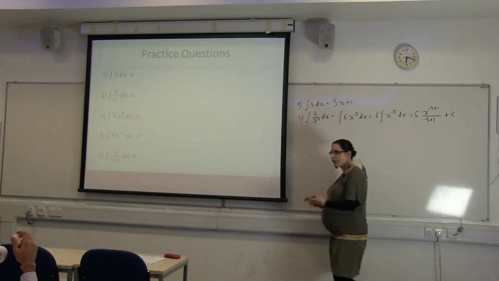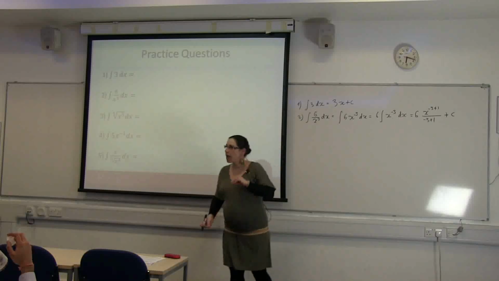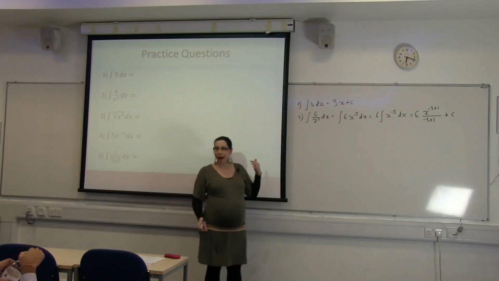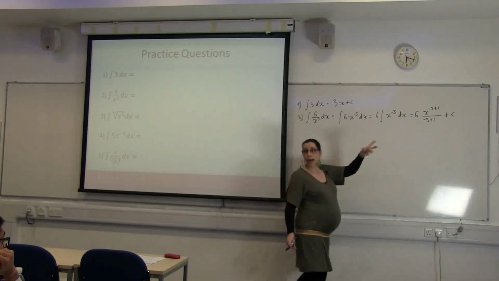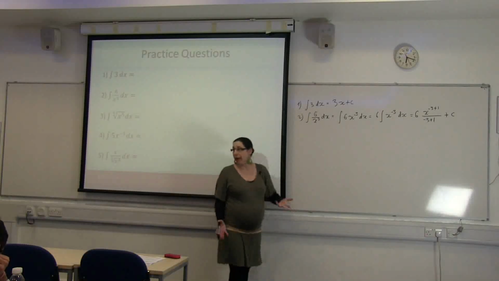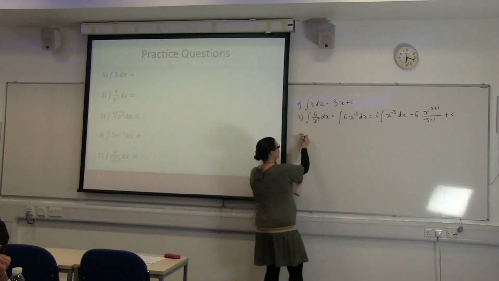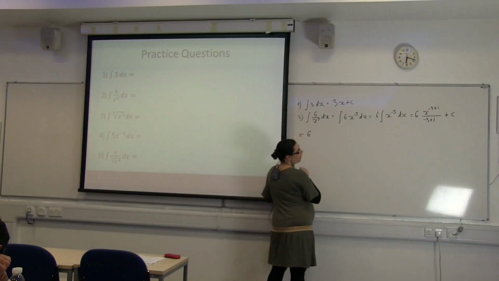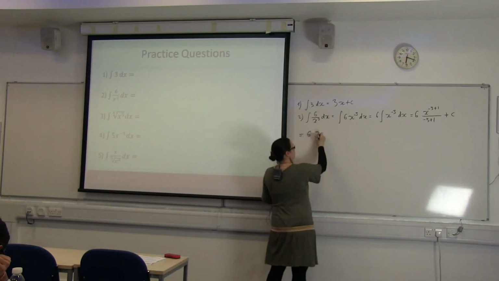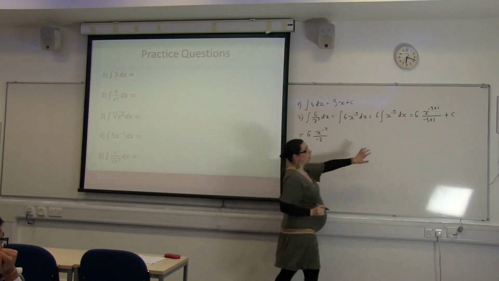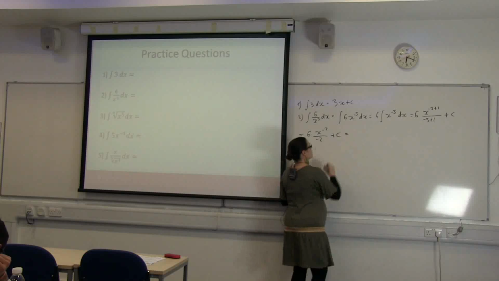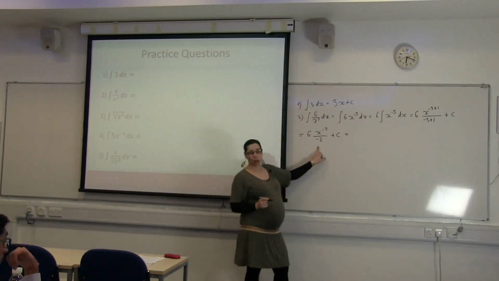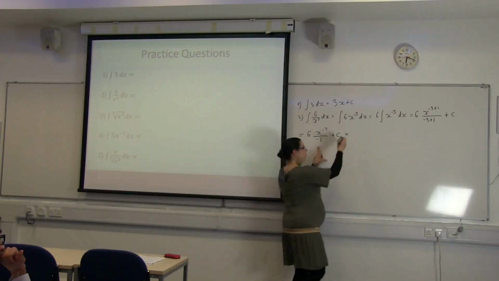So until you become familiar with all these calculations and can do them in one go, I suggest you write the rules out with the numbers and then deal with the algebra, and in that way it's a safer way. So that will be 6 times x to the minus 3 plus 1, which gives you minus 2 as the power and also at the bottom of the fraction, plus c. 6 and minus 2 cancels down to negative 3.